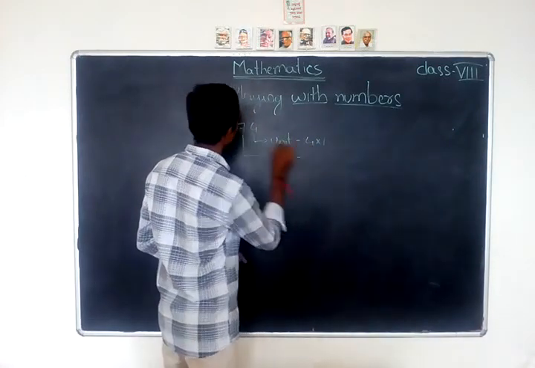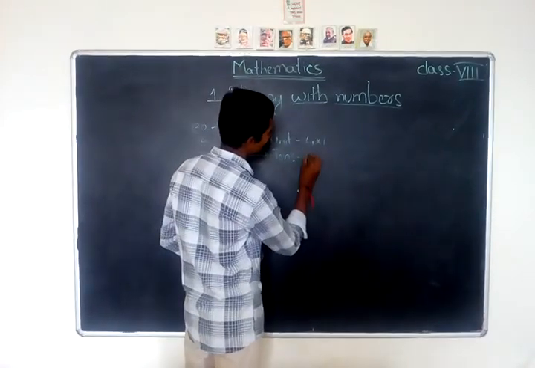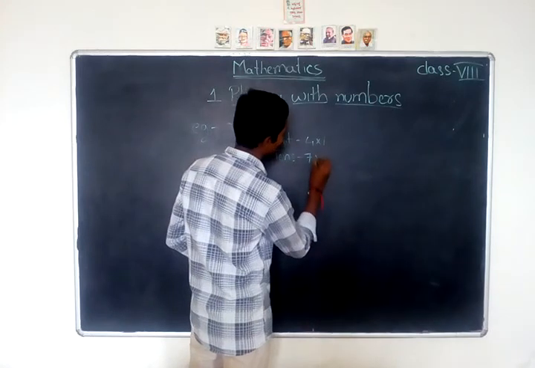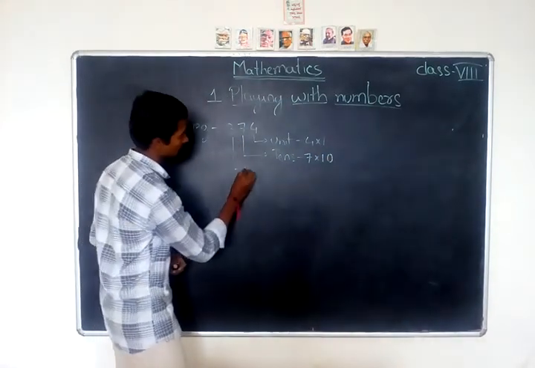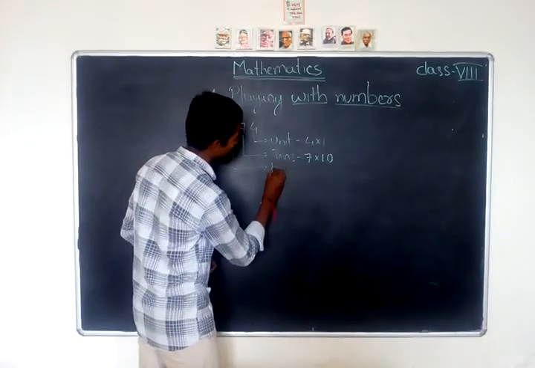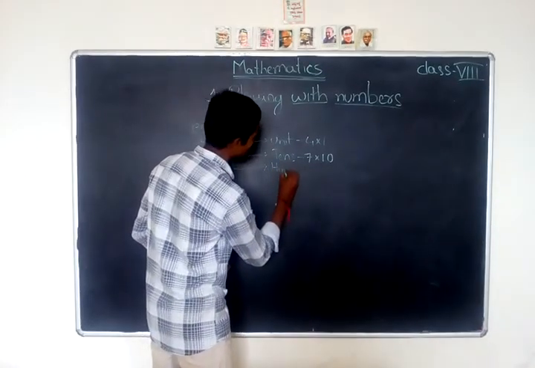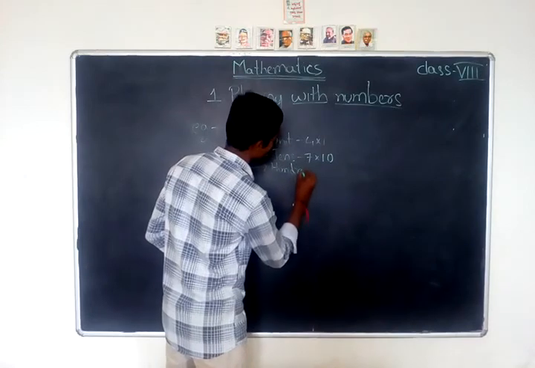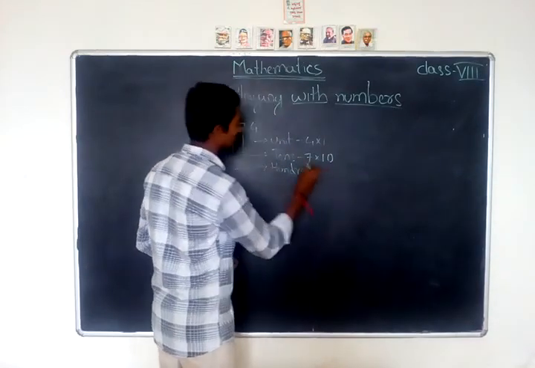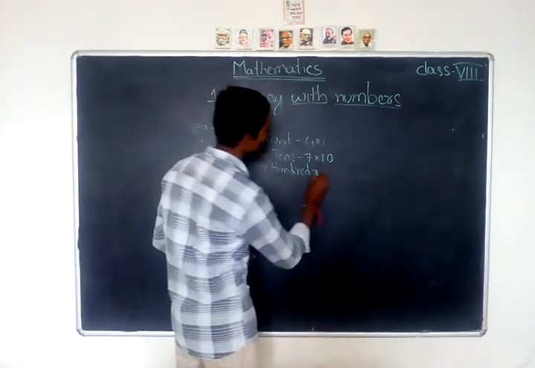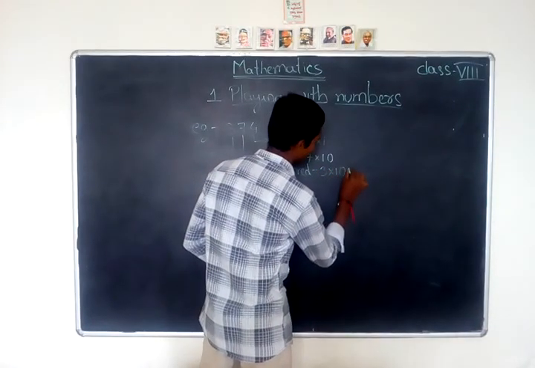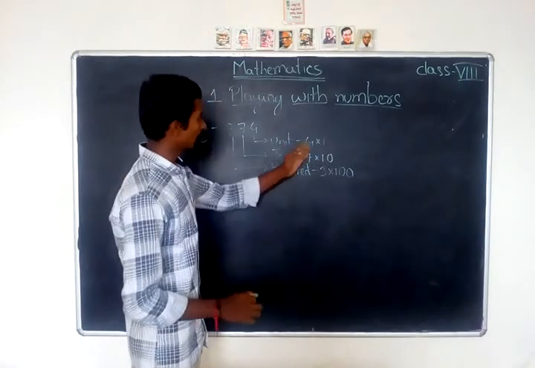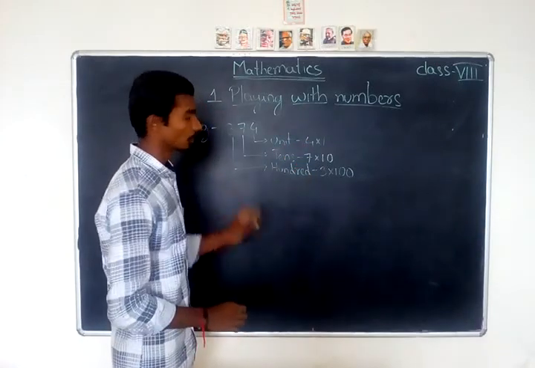So 7 can be written as, in this case, 7 into 10, and 3 has taken the place of 100. So in this case, 3 can be written as 3 into 100. Now, if we add all these numbers, what we will get?